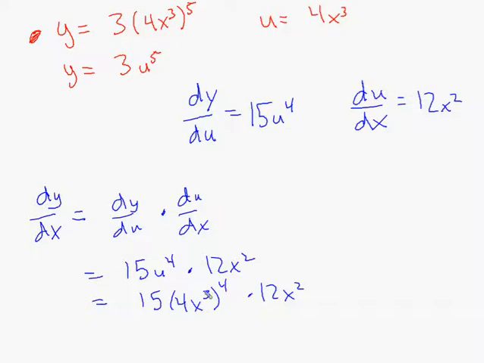But then we need to do 15 times 256 times 12. And that gives me dy dx. It's some really big number. You have a calculator to figure that out. All right, we'll stop there.